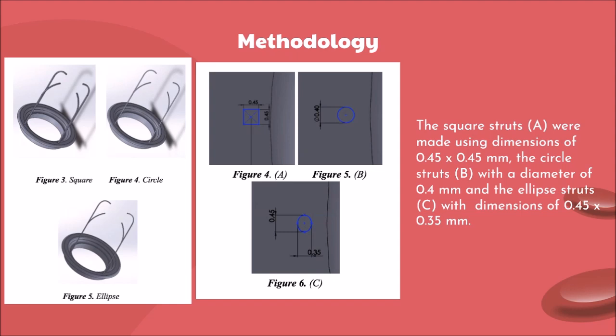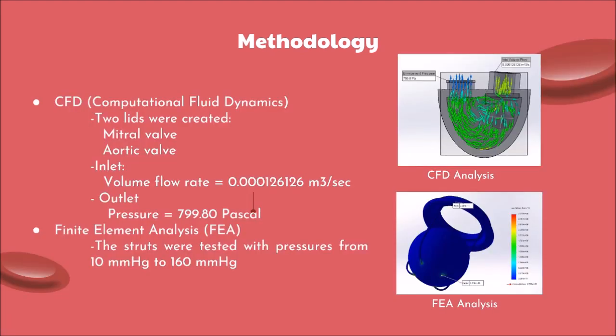The square struts were made using dimensions of 0.45 by 0.45 mm, the circle struts with a diameter of 0.4 mm, and the ellipse struts with dimensions of 0.45 by 0.35 mm.